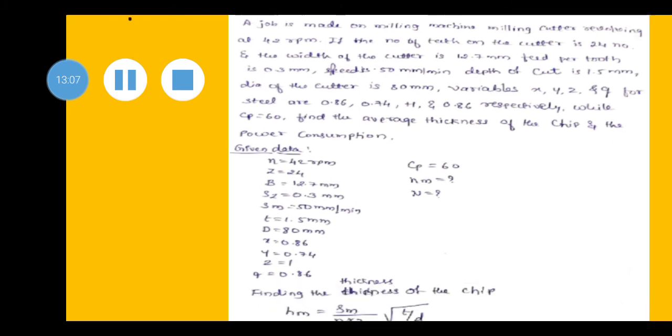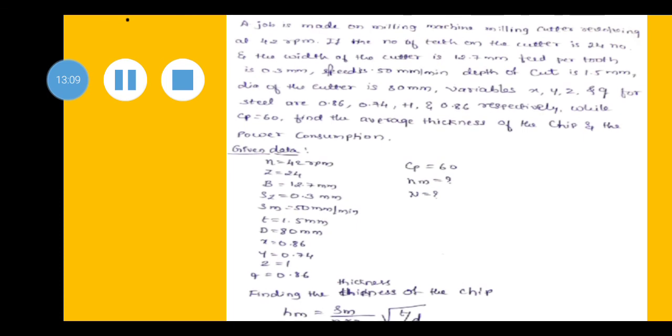The given data is N equal to 42 RPM, number of teeth 24, breadth is 12.7 mm, thickness 1.5, diameter is 80 mm, x is 0.86, y is 0.74, z is 1. First you have to find the thickness of the chip.